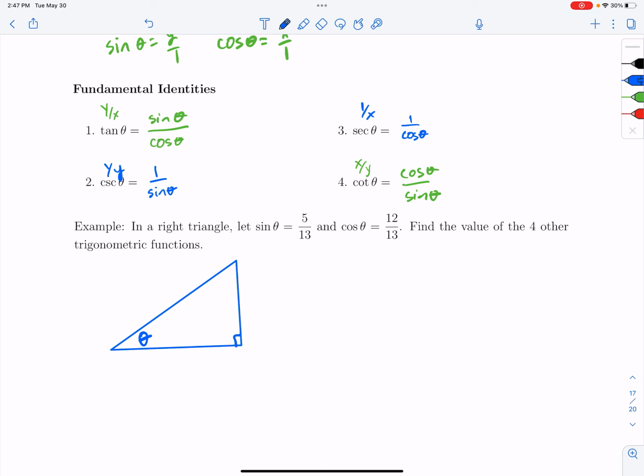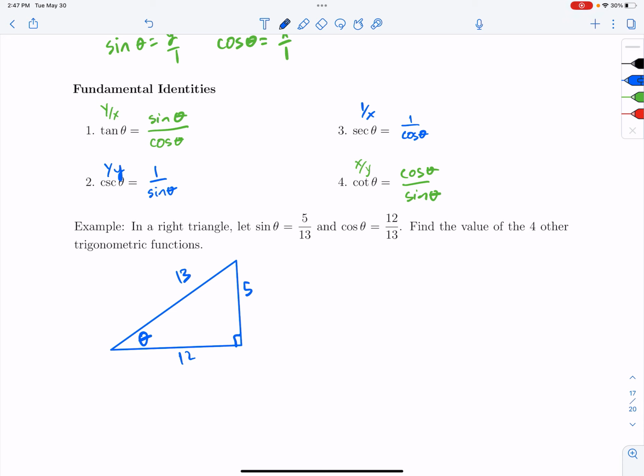So if sine of theta is 5/13, remember, we're dealing with a right triangle. We want to think of this in terms of hypotenuse, adjacent, and opposite. So sine is opposite over hypotenuse. Cosine is adjacent over hypotenuse. So I know that that's 12 here. So I have my triangle all filled out.